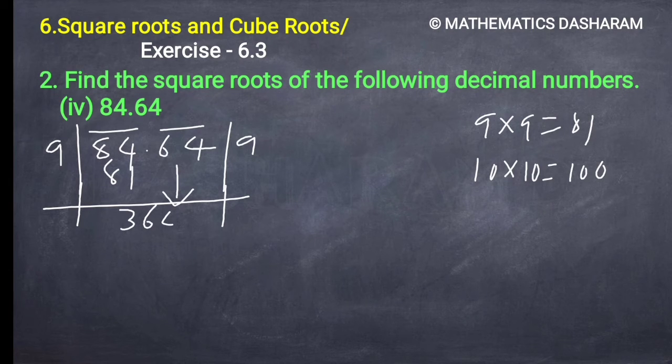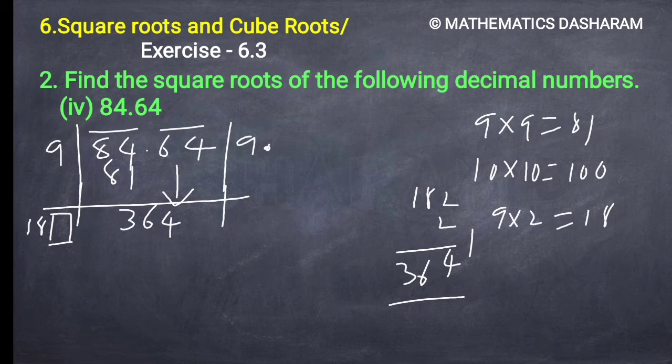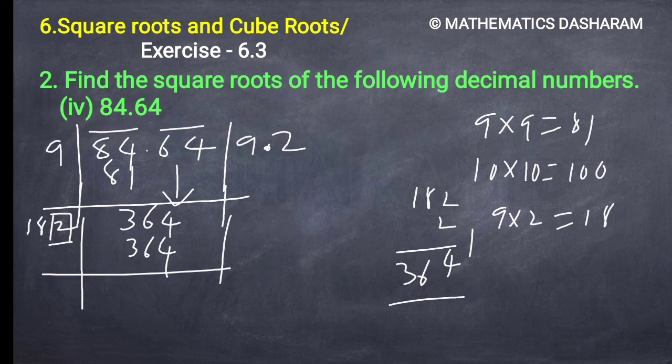Next bring down 64, and here select the decimal point, and do twice the quotient. 9 into 2 is 18, so beside 18 we need to select a digit. 2 is the suitable digit, so 182 into 2 is 364, so the remainder is 0.